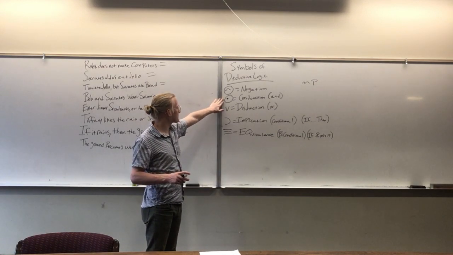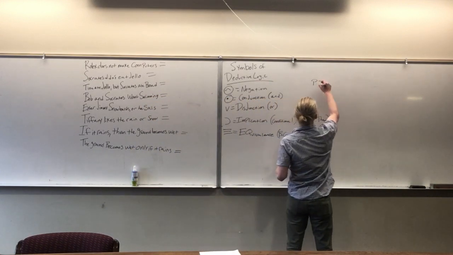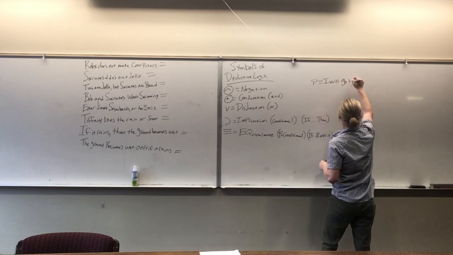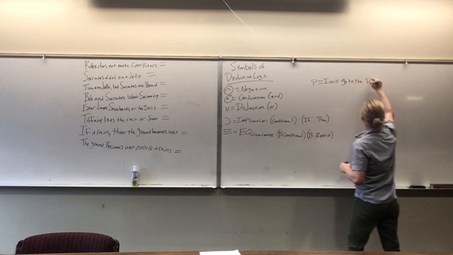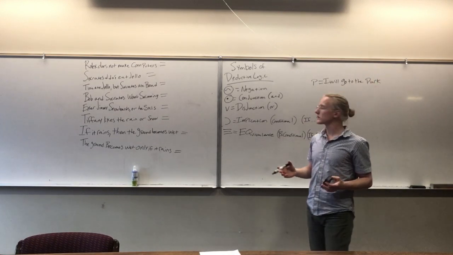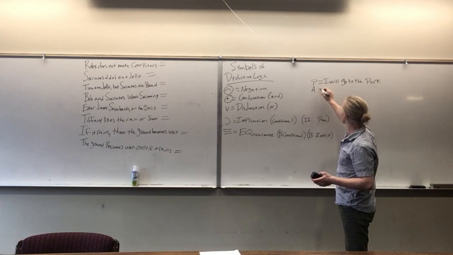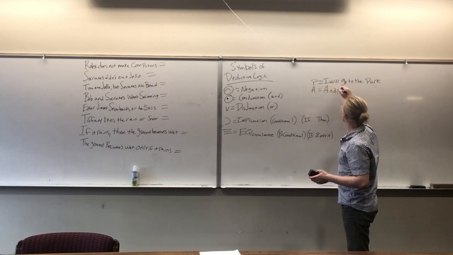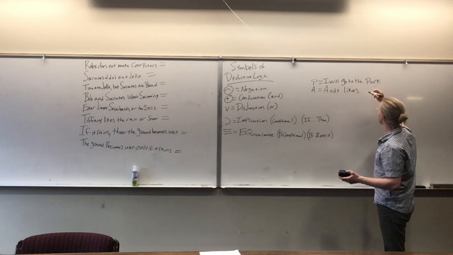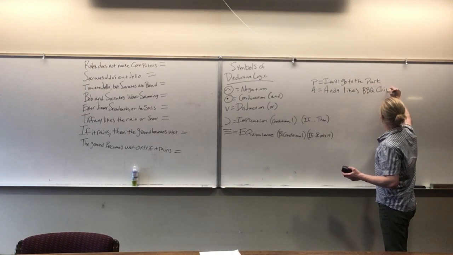So let's say I have P equals I will go to the park, right, written here. And then let's make A, Andy likes barbecue chips.